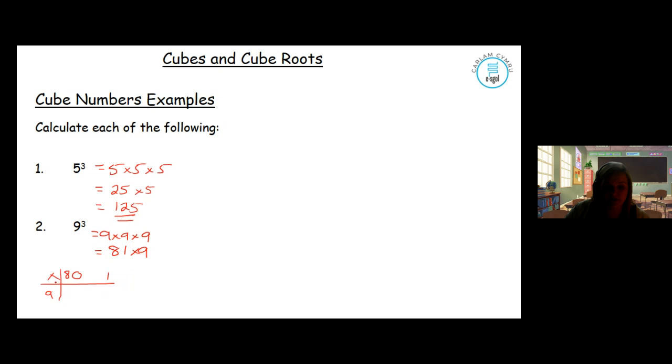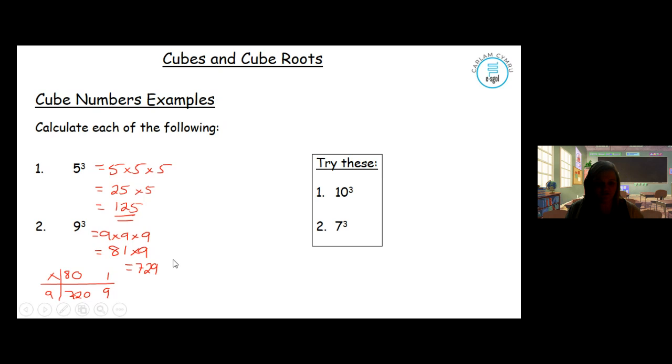So I'm going to do 9 times 8, which is 72, multiplied by the 10 as well, so 720. Then I'm going to work out 9 multiplied by 1, which is 9. And then to get my overall answer, I need to add these two together. So I have a final answer of 729. Okay, so you need to use some multiplication grid sometimes to do these as well.